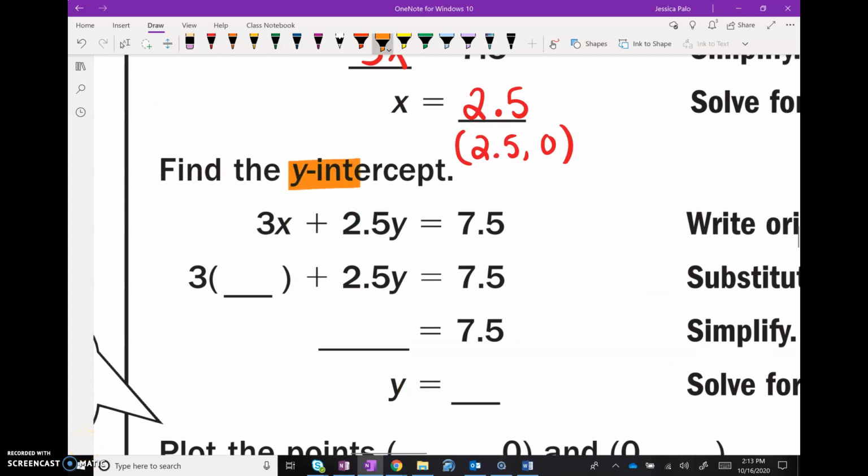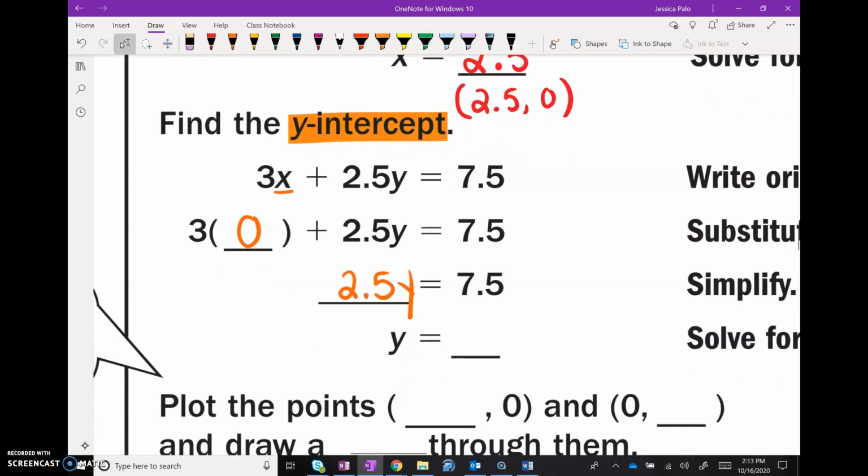To find the y-intercept, we're going to substitute 0 for the x-coordinate. 3 times 0 is 0, so we're left with 2.5y equals 7.5. Solve your one-step equation, divide by 2.5 on both sides, so y equals 3.